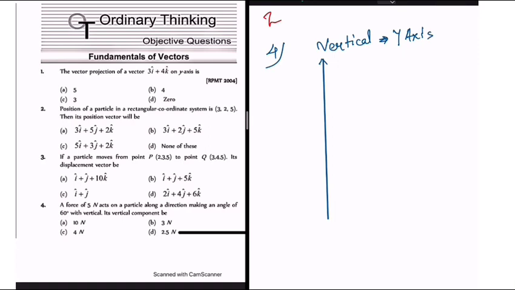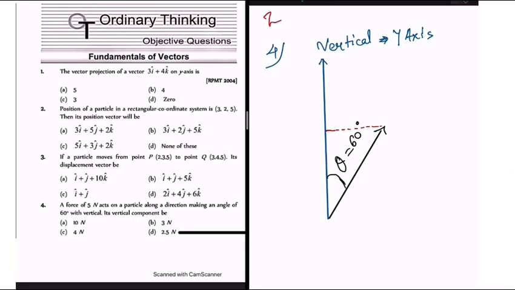The vector is making an angle of 60° with it. This is your vector, and here theta is 60°.